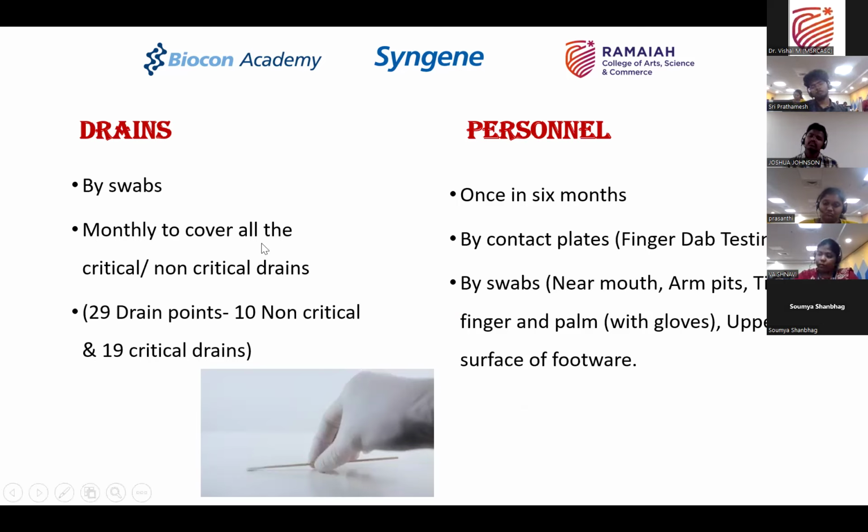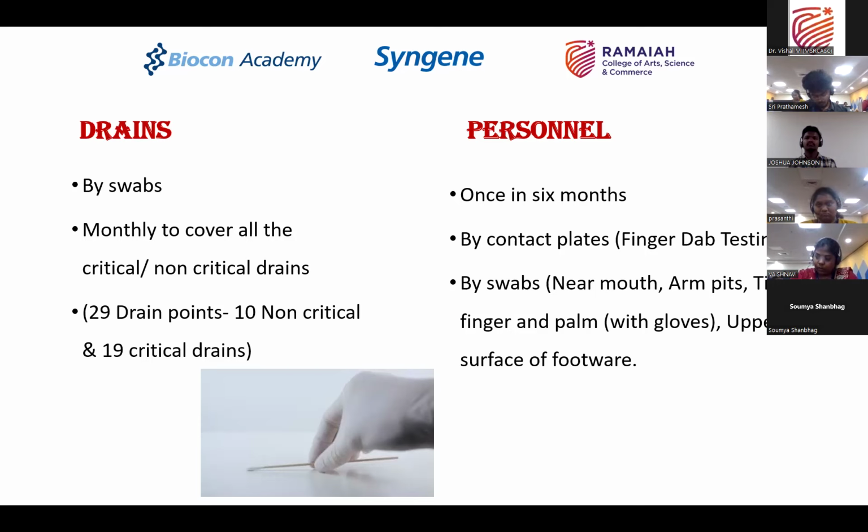Now, when it is drains, how many points are we going to collect samples from? Drains will be considered as critical points and non-critical points. Critical drains are very close to manufacturing units and can be a contamination source for the product. Non-critical drains are slightly away from the manufacturing unit and are not in direct contact with the manufacturing processes.